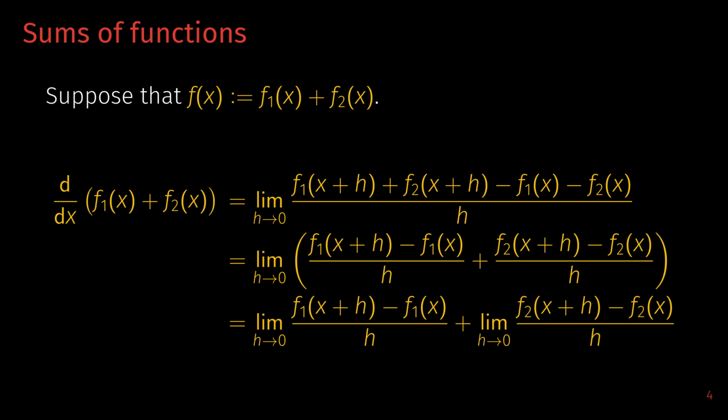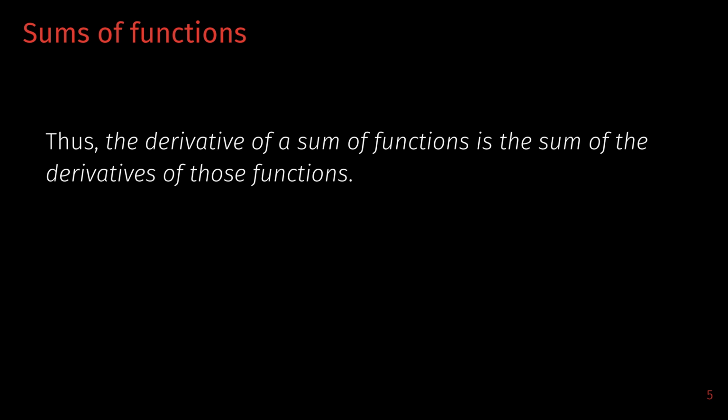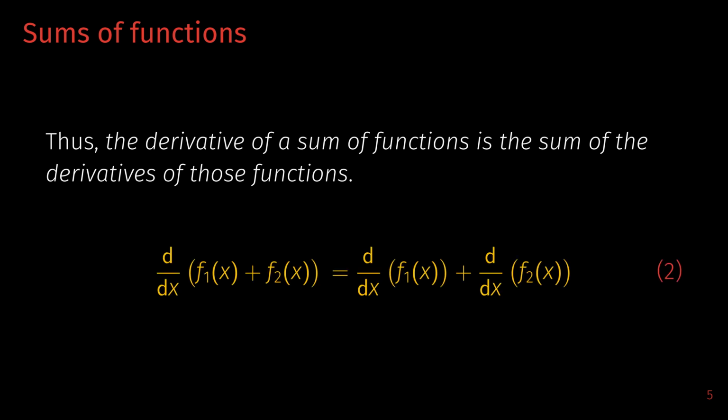And then it becomes evident, if we remember the definition of a derivative, that each of these terms is just a derivative of the corresponding function. So we essentially have the derivative of f1 plus the derivative of f2. Just to spell it out, the derivative of a sum of functions is the sum of the derivatives of those functions, or this thing right here.